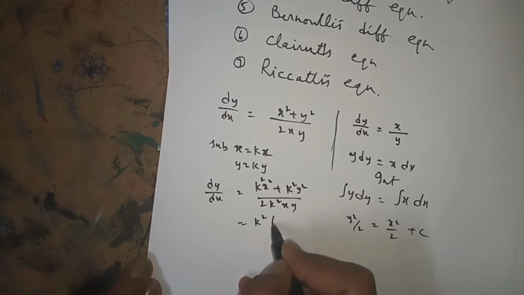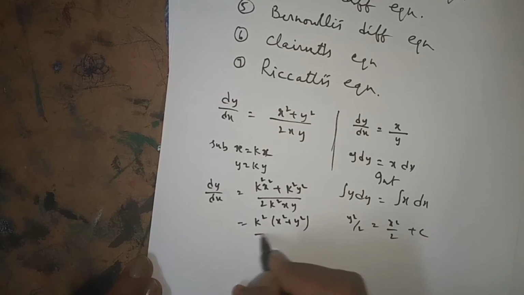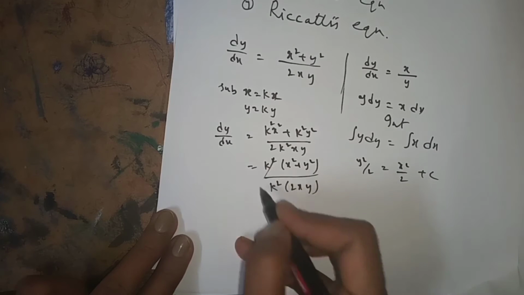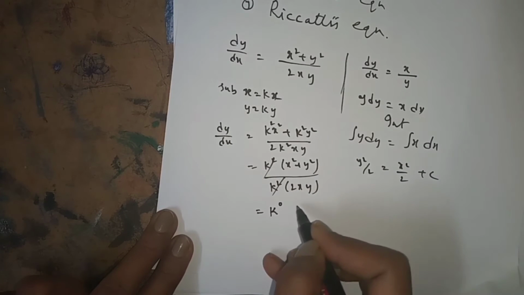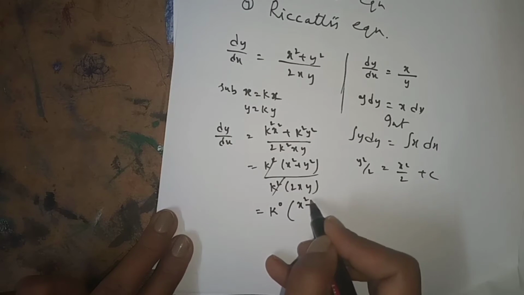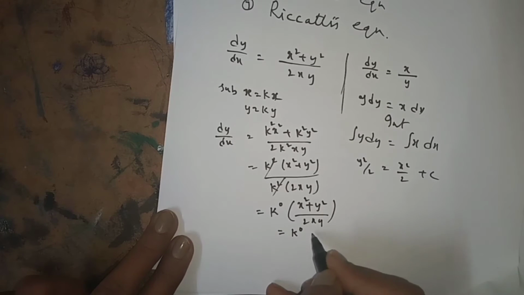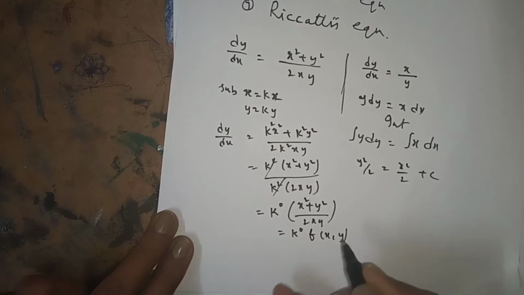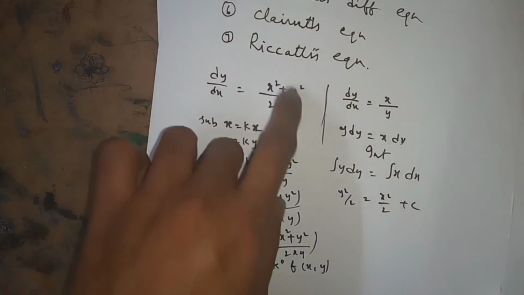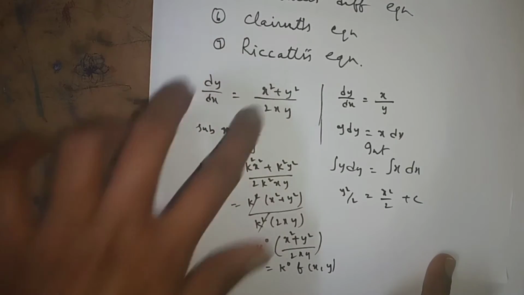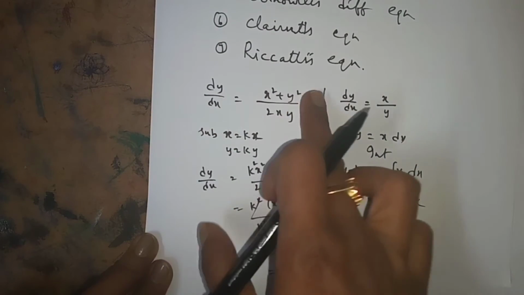Taking k square common, k square cancels. That means k to the power 0 into x square plus y square by 2xy, that means k to the power 0 into again f of x, y. Now if you take dy by dx equal to f of x, y.